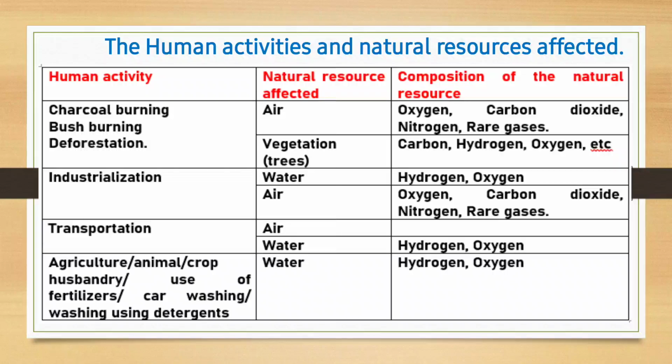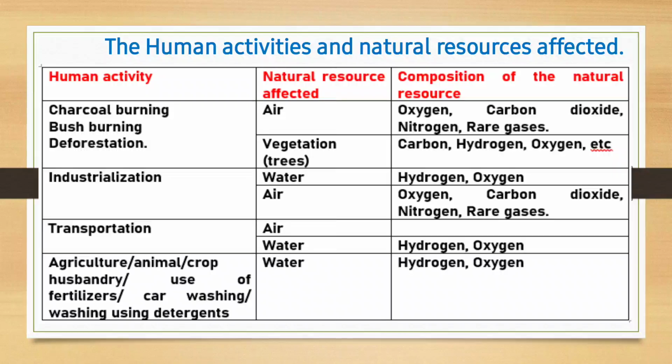Okay. Likewise, industrialization affects water through the release of industrial wastes, and also affects air through the release of toxic fumes from the manufacturing plants or industries. Then transport can also affect air. For example, in the cities, cars emit carbon monoxide fumes, and even carbon dioxide, which are very dangerous.